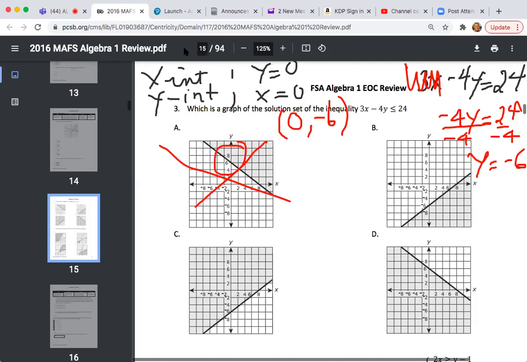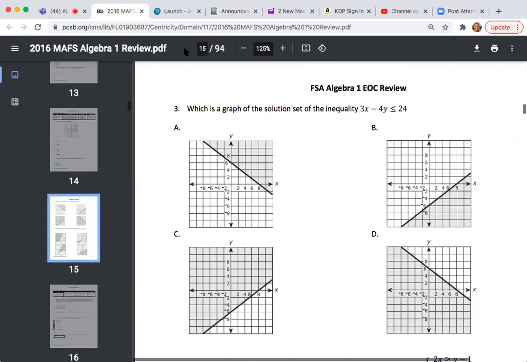Also, there goes letter D, because the y-intercept is at positive 6. So A and D cannot be the correct answers. Now I've narrowed my choices down to 2. I know it's not this one, it's not this one.